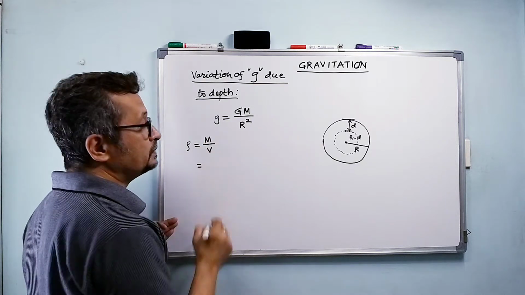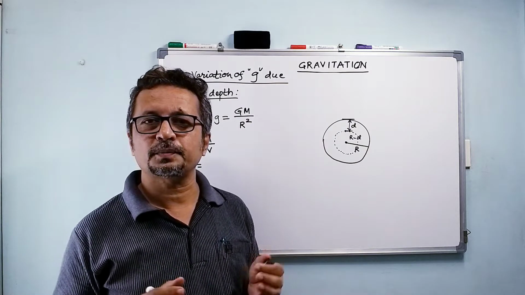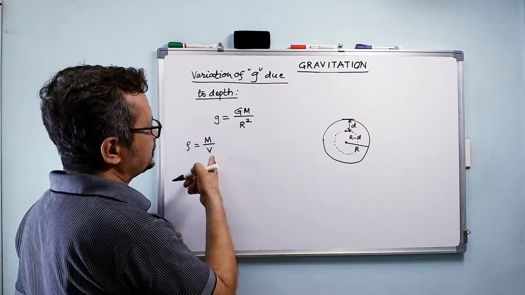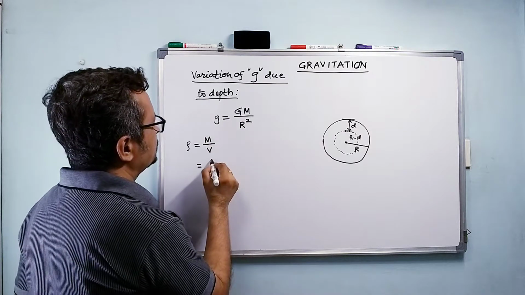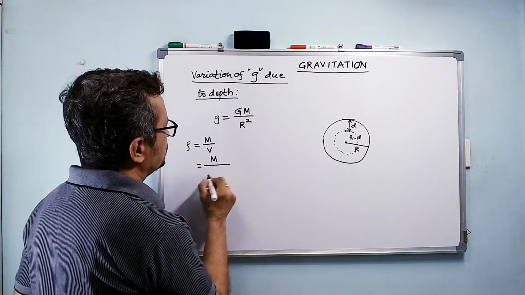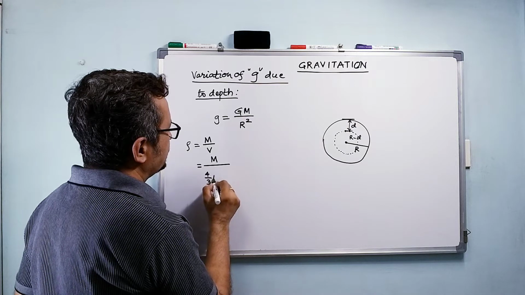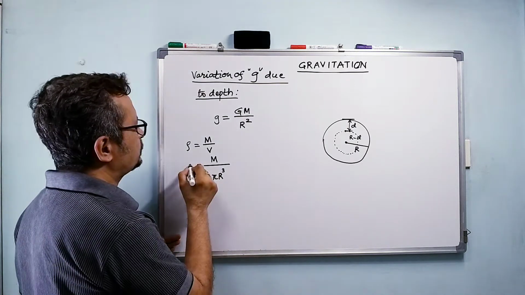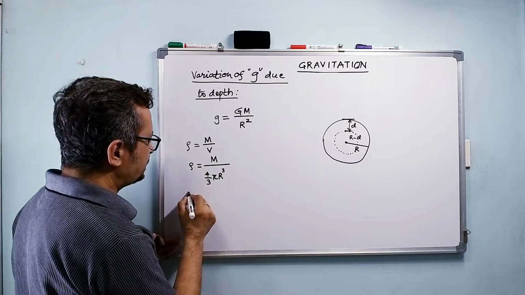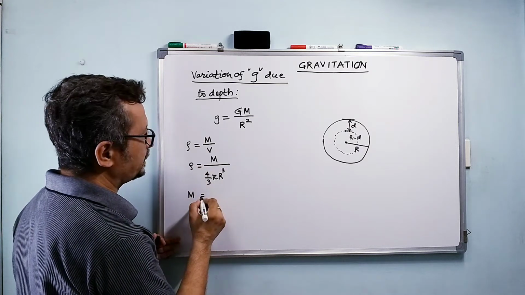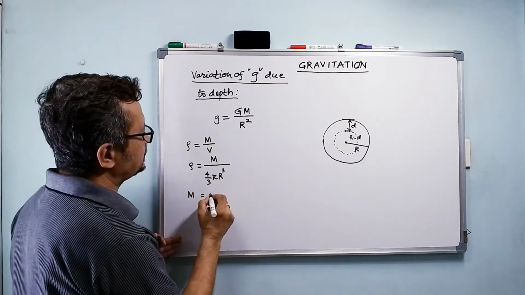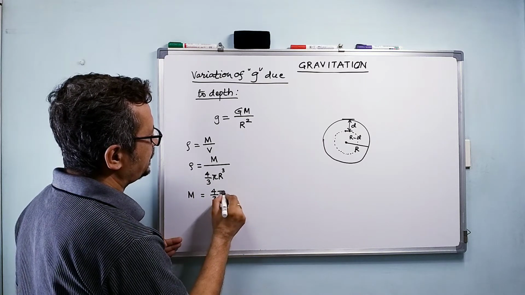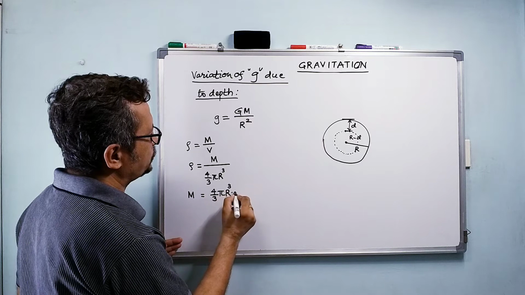Now what is the volume? Volume of a sphere is 4 upon 3 pi r cube. So m upon 4 by 3 pi r cube is equal to rho. So obviously mass of Earth is 4 by 3 pi r cube into rho.